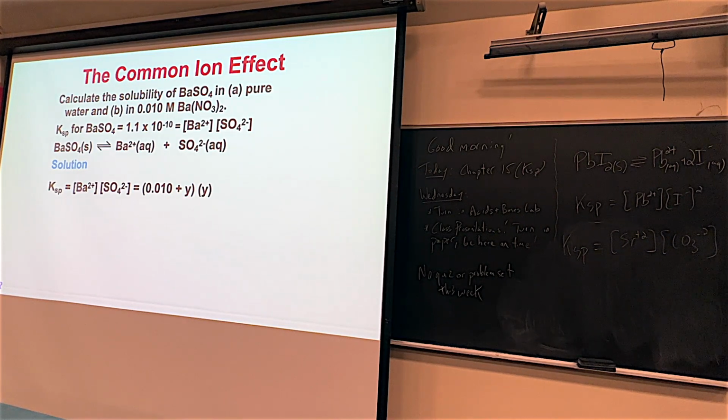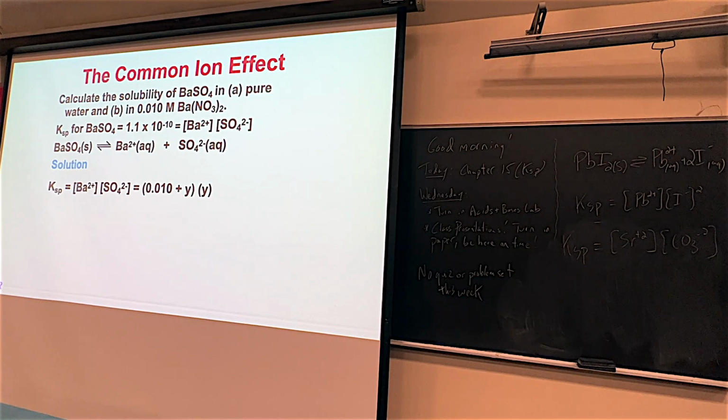If you remember on the last problem, the value we had for solubility, which is what Y is here, was about 10 to the minus 5. And 10 to the minus 5 plus this number, which is 10 to the minus 2, is pretty much going to stay 10 to the minus 2. In addition, we predicted that adding barium will move the reaction to the left, so our 10 to the minus 5 number will probably be even smaller.